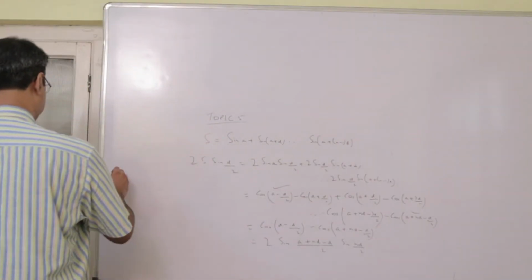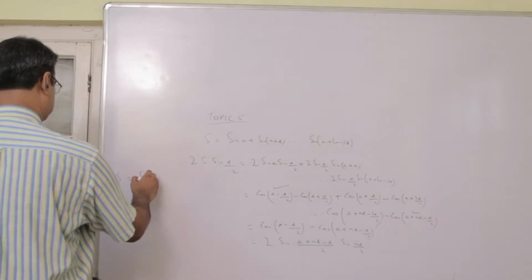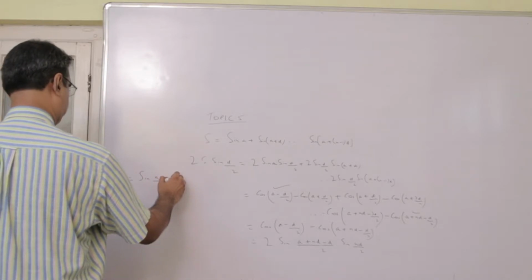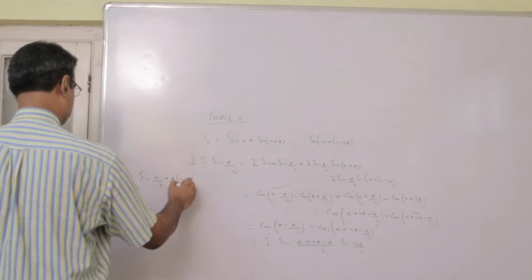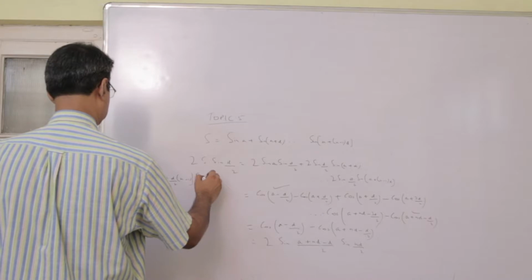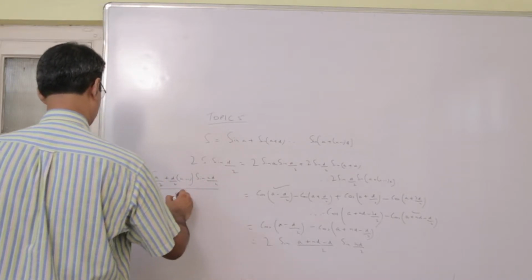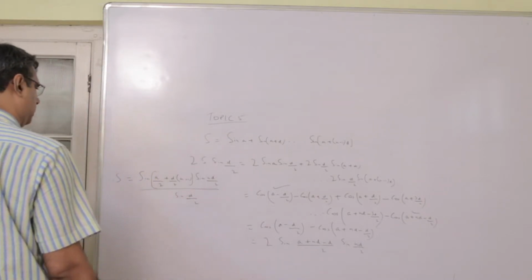So this gives us the formula S is equal to sine half a plus half d into n minus 1 into sine nd by 2 by sine d by 2.